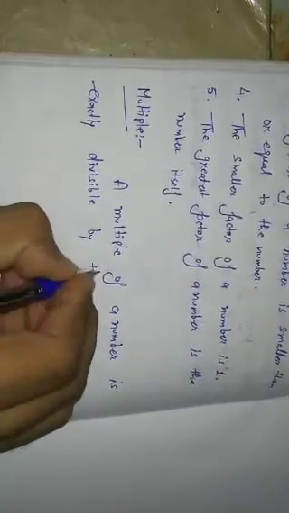Okay, remember it. Now listen about the multiple. What is a multiple? A multiple of a number is exactly divisible by the number.